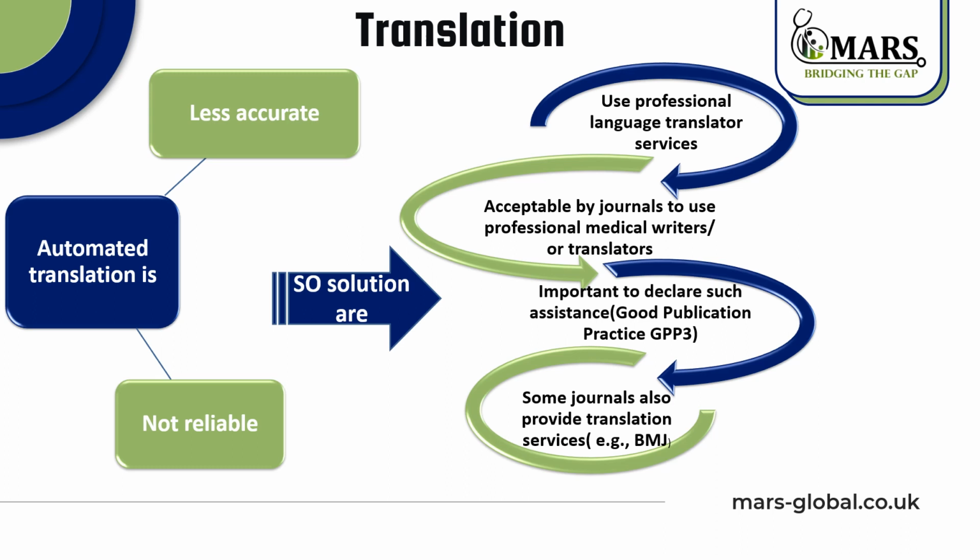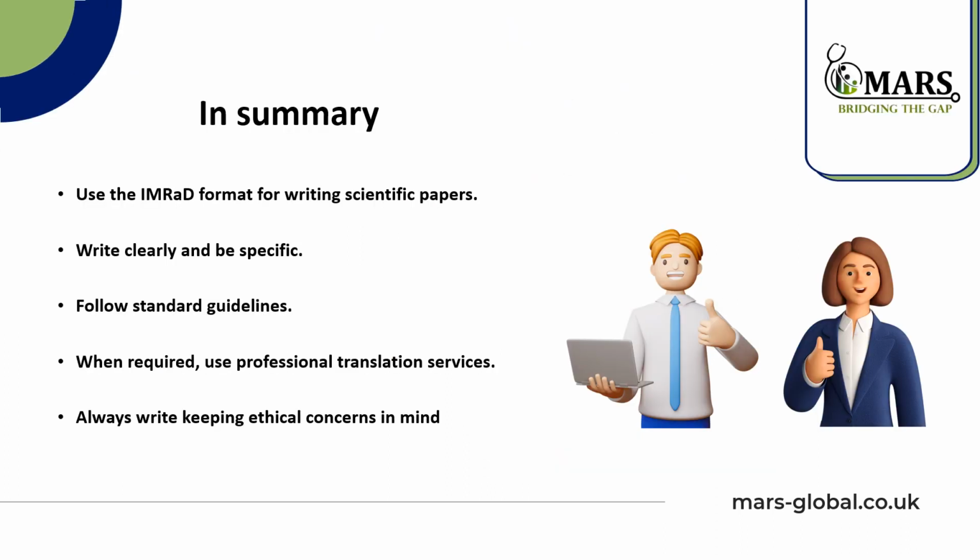So what should we do in that case? We can use professional language translator services, and it is acceptable by journals to use professional medical writers or translators. However, it's important to declare such assistance according to the Good Publication Practice guidelines. Some journals also provide translation services, for example, BMJ.